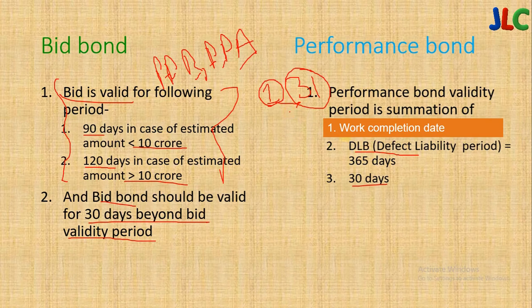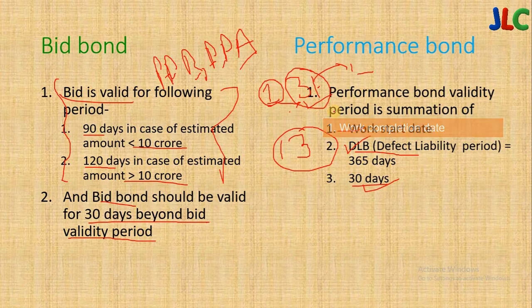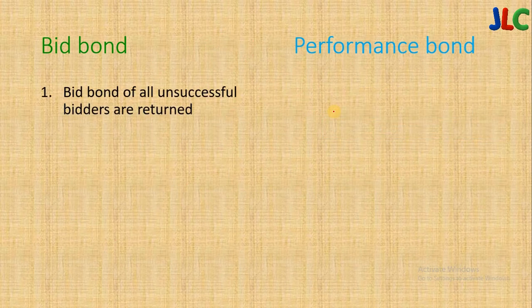Now work period plus DLP period. DLP would be defect liability period, which would be 1 year after the work completion and 30 days beyond that. It means when the works get completed you have to make performance bond of 13 months beyond the work completion date.